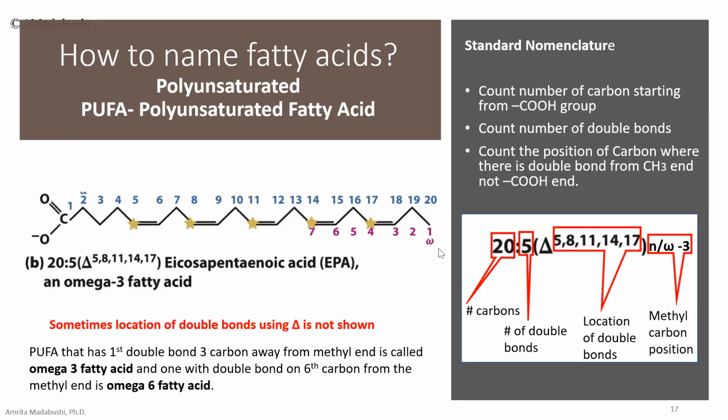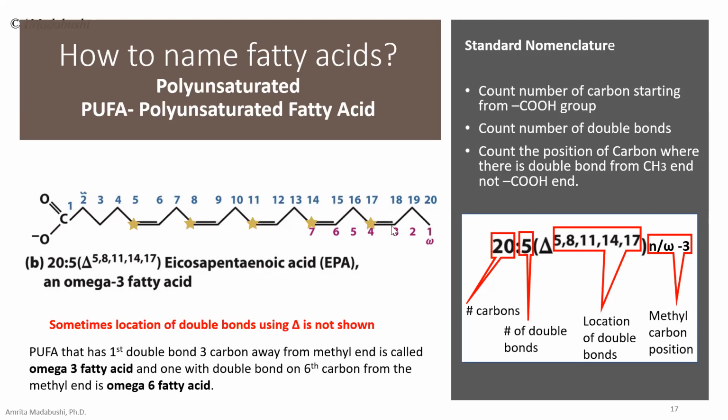But let's learn that, because when we start from the other end, that's called the omega end, not the carboxylic end. So omega-3 fatty acid is simply: you start at the omega position, and count 1, 2, 3, and the first double bond is at 3. If the first double bond is at 3, you call it omega-3 fatty acid.